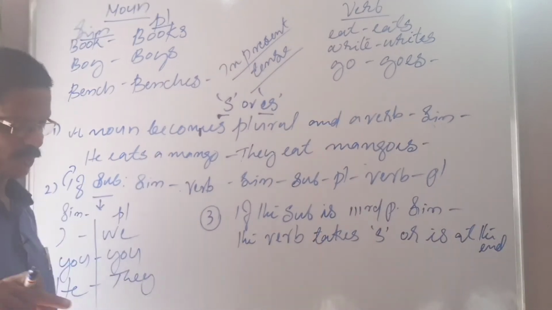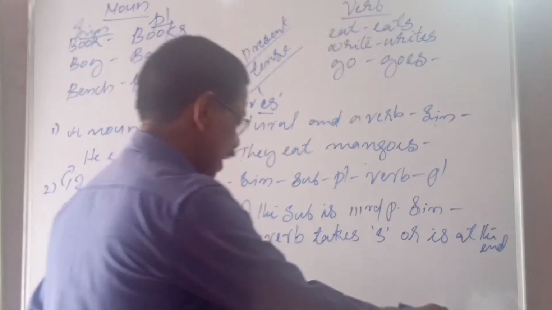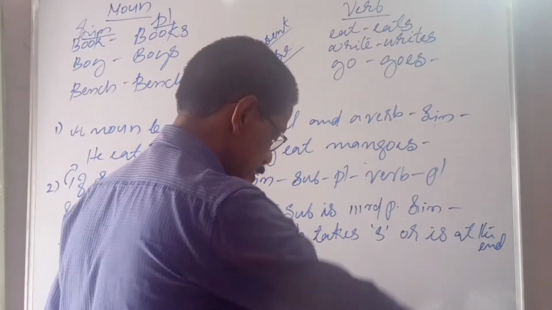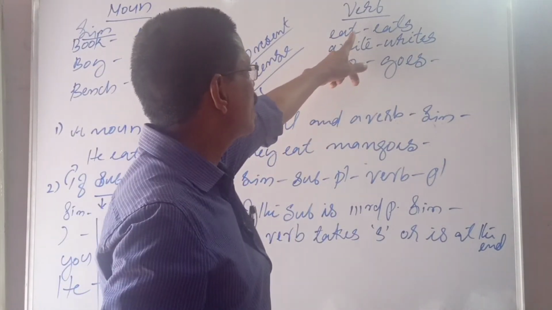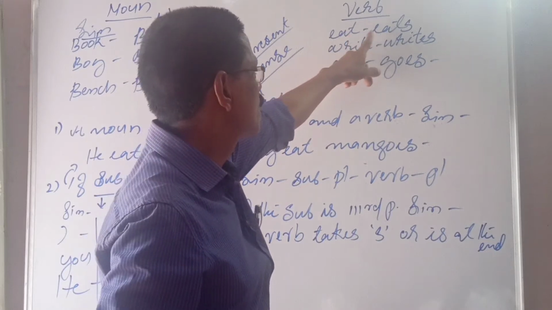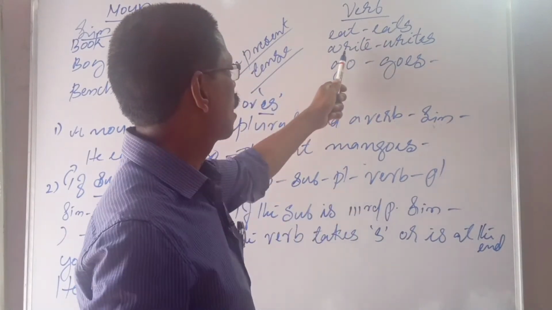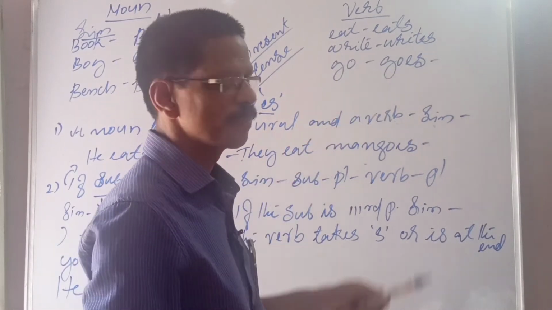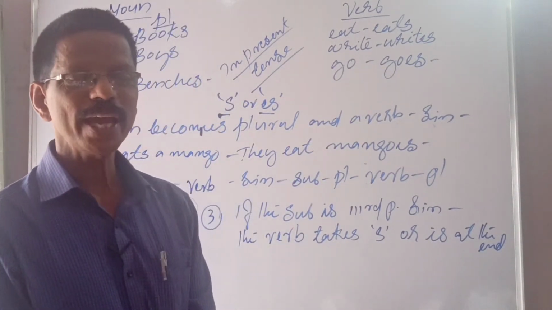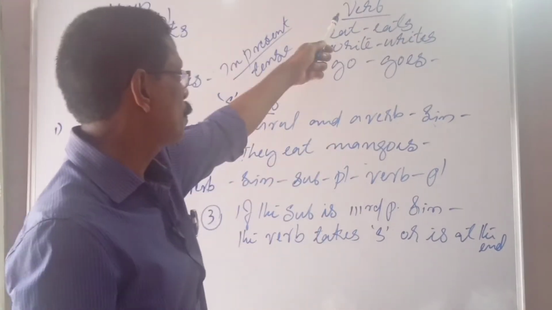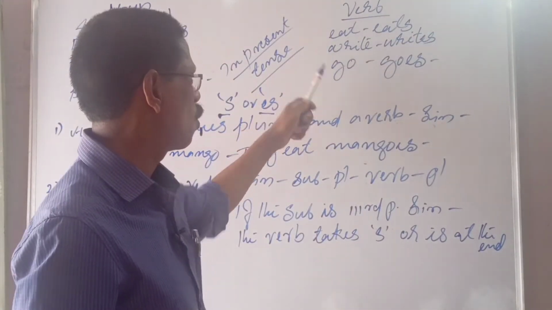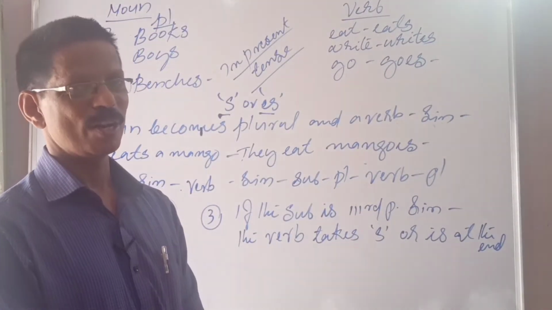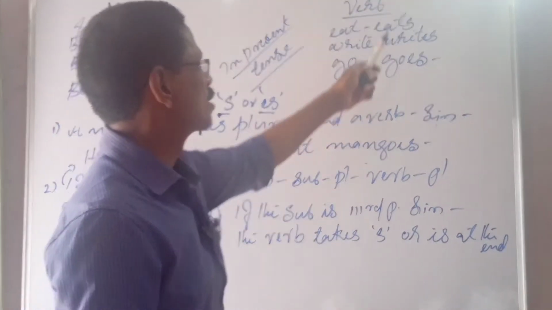Okay, now? Then you can take another list of words here. See, eat, eats, write, writes, go, goes. Which group is singular, can you say? Is the first group of words, that is eat, write, go, singular? You may think very often that they are singular. No, this is plural.